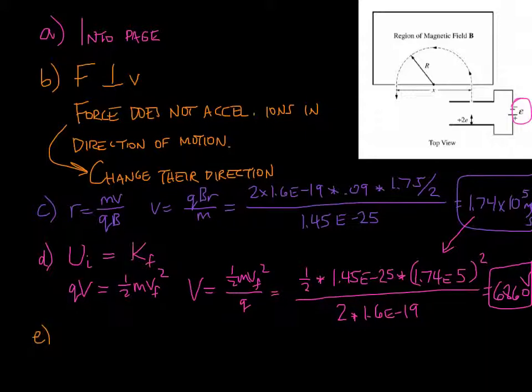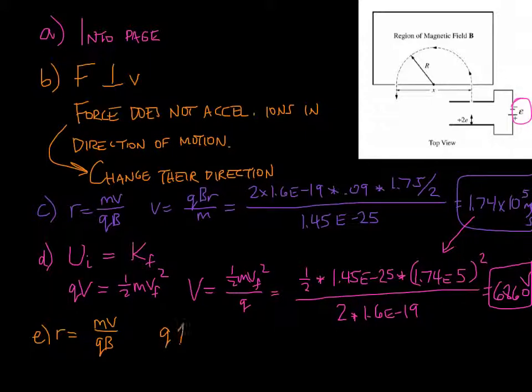And for part E, if a strontium ion of the same mass but a charge of plus 3e enters the magnetic field at the same speed, would the distance x be greater than, less than, or the same as the distance for the plus 2e ions? Using the equation R equals mv over qB, if the mass and the velocity don't change, and they're in the same magnetic field, only the q is changing, and it's increasing.